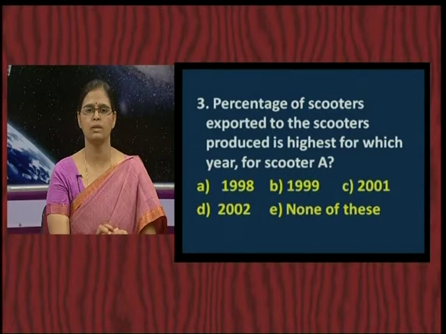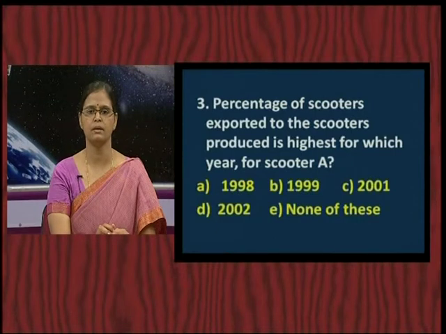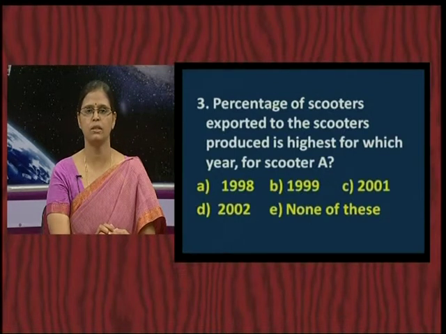Take both the totals. Exported in the numerator, produced in the denominator, compute the fraction, multiply it by 100, and you will get the percentage. Do that for Q type, do that for R, S and also T.